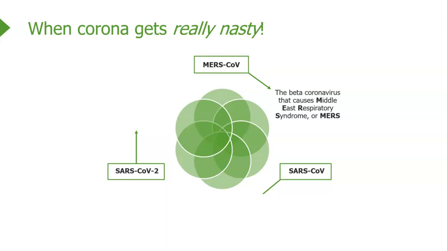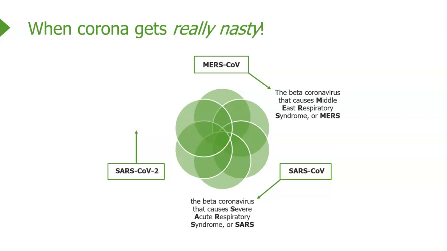Now, the MERS-CoV, it's the beta coronavirus. It caused Middle East Respiratory Syndrome, or MERS. SARS-CoV is the beta coronavirus that caused severe acute respiratory syndrome. That's where it gets its name, SARS.